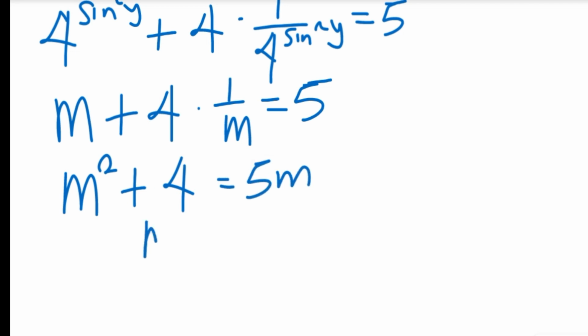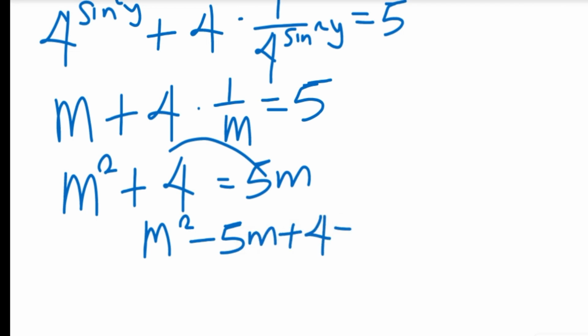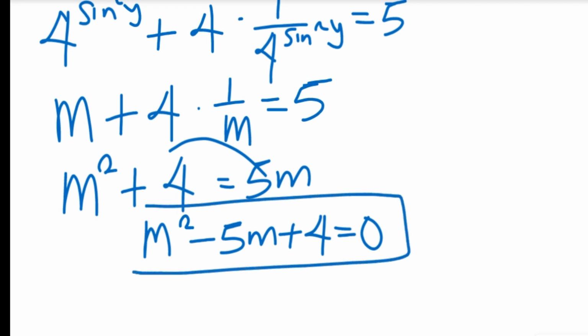And so we have m squared minus 5m plus 4 equal to 0. And this becomes a quadratic equation that must be solved.